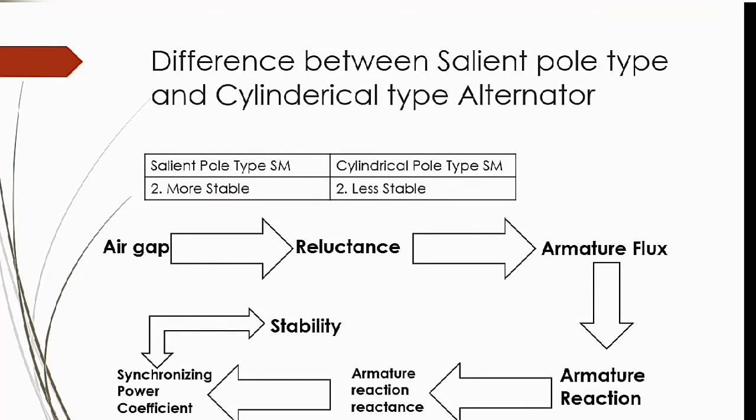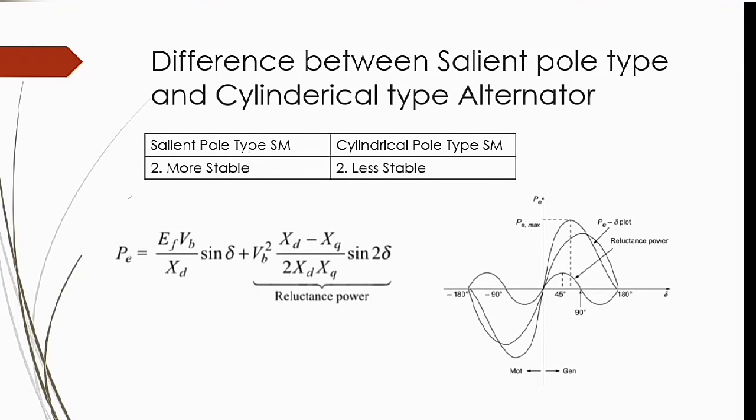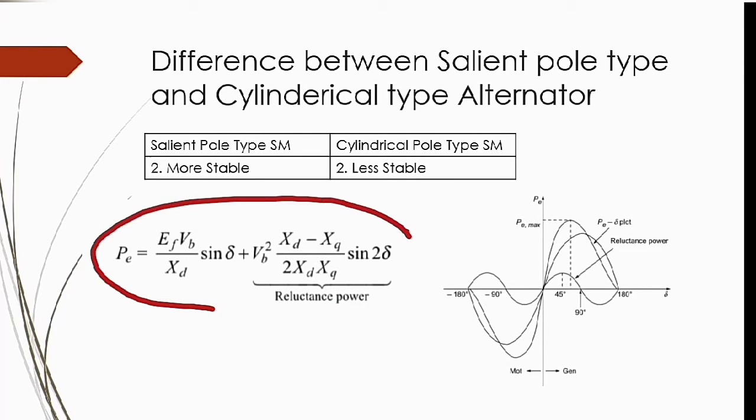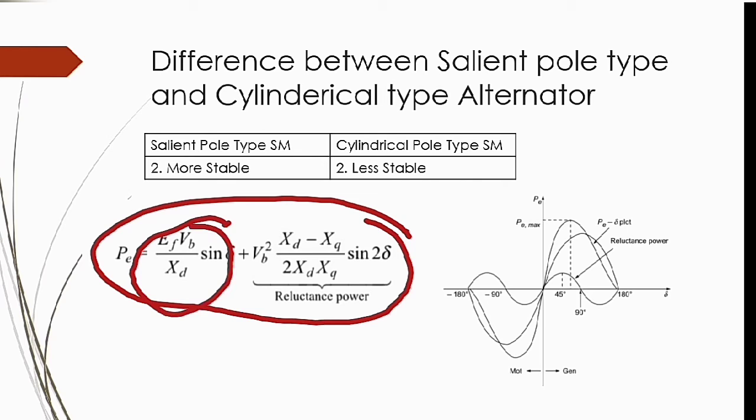Okay, the next one, this is the power equation for the salient pole type synchronous machine. Here you see there are two terms, the electromagnetic power, and this is the reluctance power.